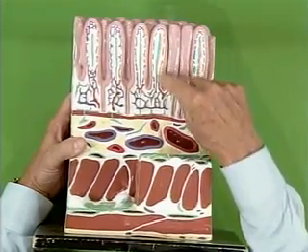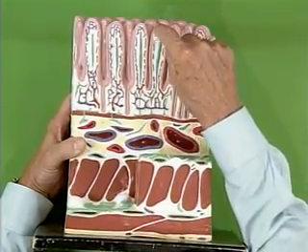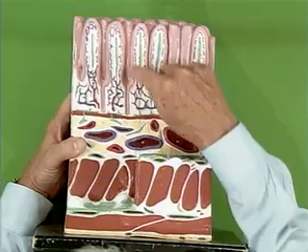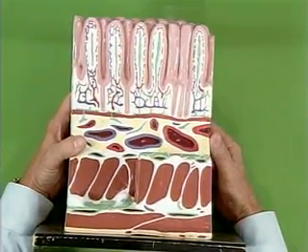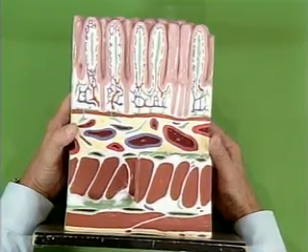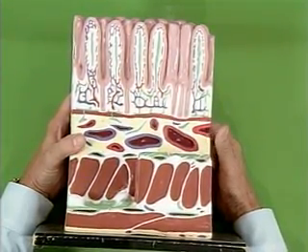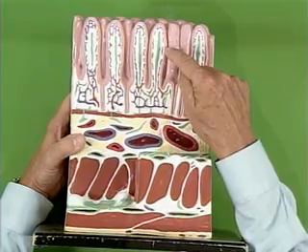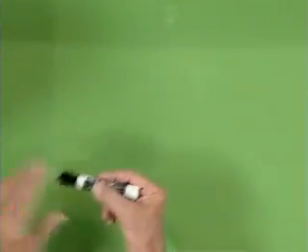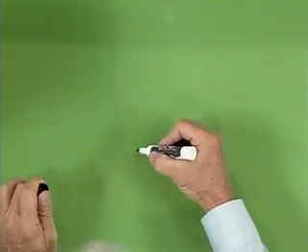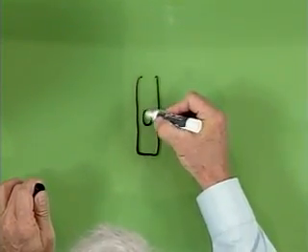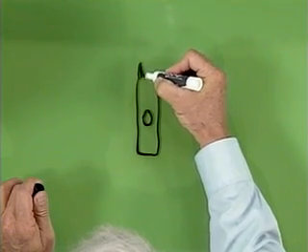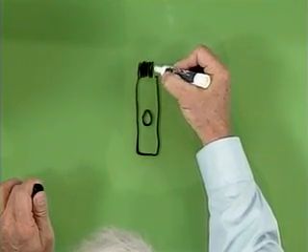So each one of these little finger-like projections, of course, has a lot of cells on the outside of it, but these tremendously increase the total surface area of the small intestine. If we take a look at an individual cell from this, I want to just draw an individual cell while we're still on the overhead camera. Most of the cells here are going to be simple columnar cells, but their free surface is going to have microvilli.